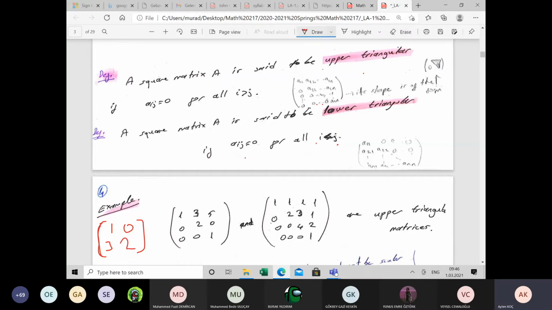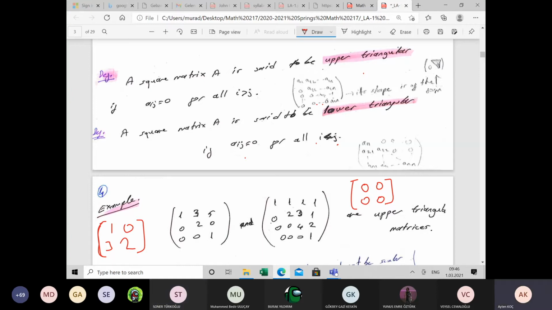Let's give an example: the square zero matrix, maybe. This one is upper triangular and lower triangular. It's okay? It's true? Yes.